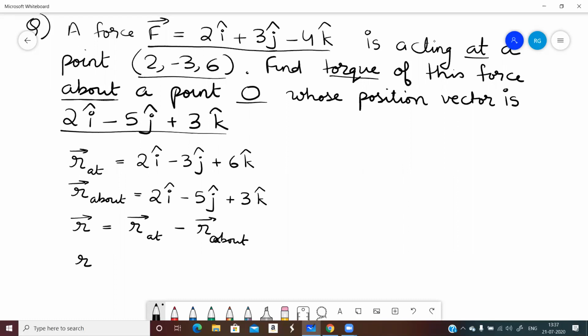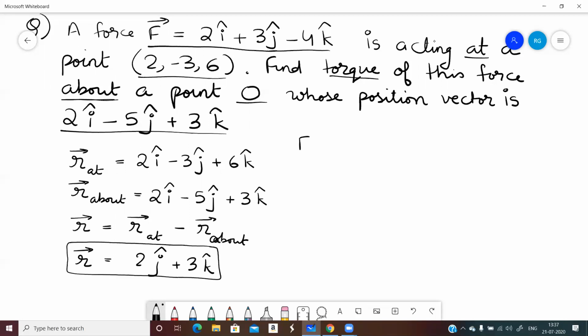So 2i cap minus 2i cap will give us 0. Then minus 3j cap minus minus 5j cap gives us 2j cap. Then 6k cap minus 3k cap gives us 3k cap. So the value of r is 2j cap plus 3k cap, which we have to put in r cross F.